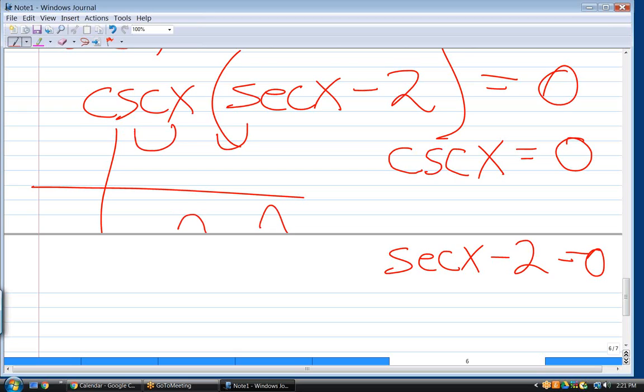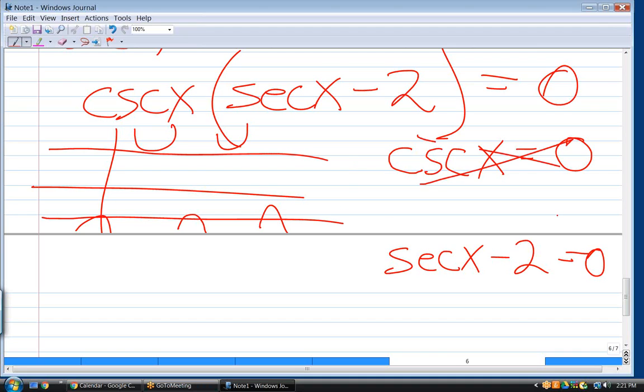Where is the cosecant equal to 0? You see anywhere? No, because cosecant has to be above +1 or below -1. So this is an impossibility.